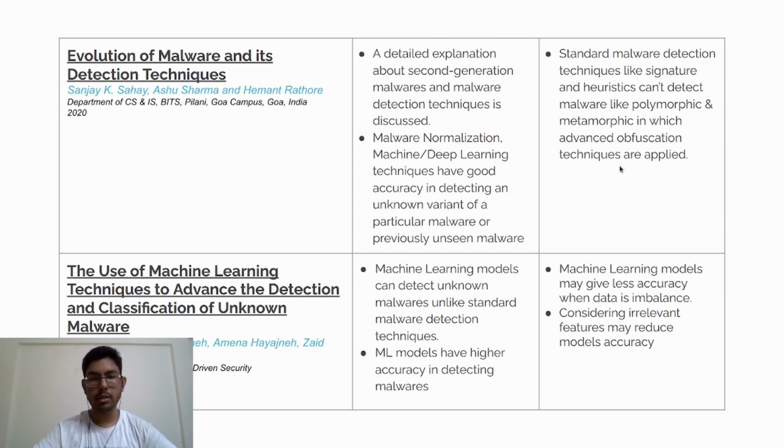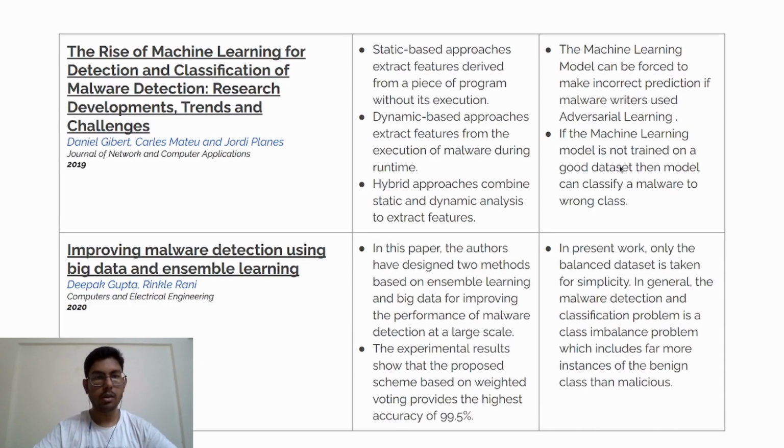And then the next research paper that we referred to was the rise of machine learning for detection and classification of malware detection, authored by Daniel Gilbert and published in 2019. Static based approaches extract features derived from a piece of program without its execution, whereas in dynamic based approaches, we extract features from the execution of malware during the runtime, and hybrid approaches combine the static and dynamic analysis to extract the features.